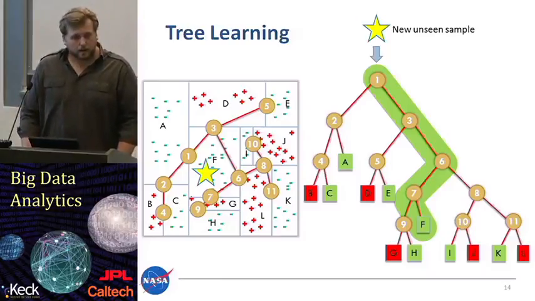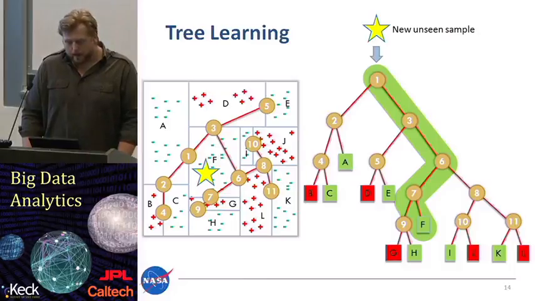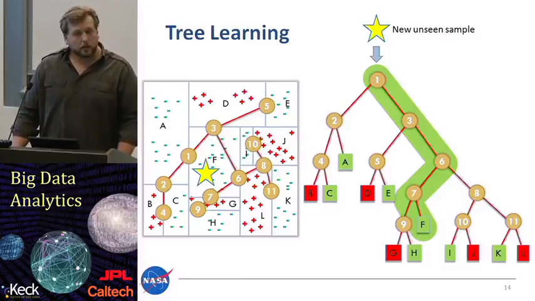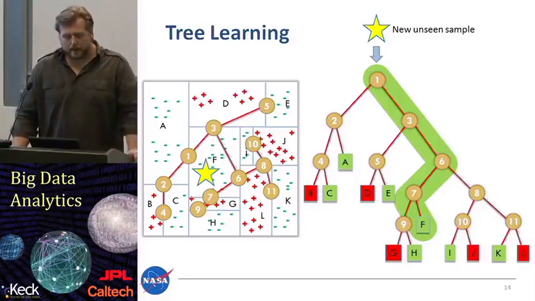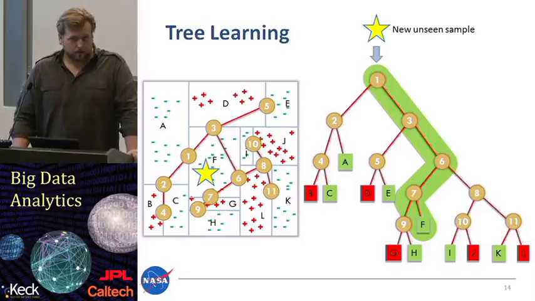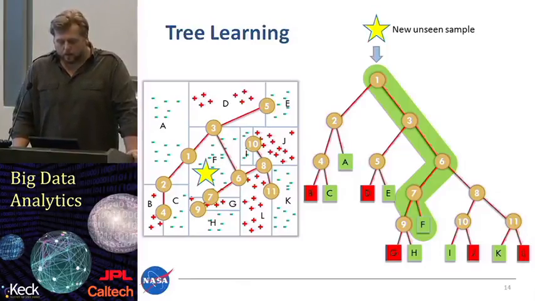So we would start at the top of this tree and then successively ask all these questions. The first question would be, is feature 1, which is our x-axis, larger than the threshold? Then we go to the right. Then we check the threshold on feature B for split node 3. And we also go to the right.